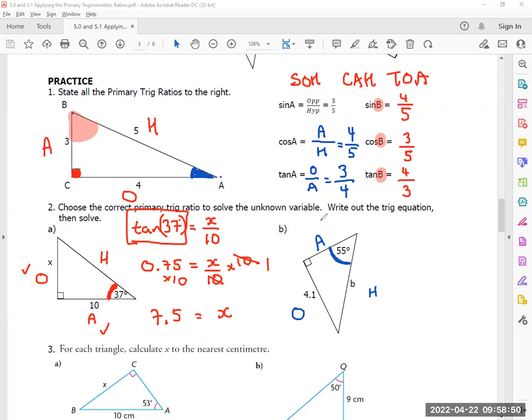I'm not sure exactly what part is confusing, so I'll go through my train of thought. I always identify the 90, so I know this is going to be my hypotenuse. I also know this is the angle that I'm going to use.